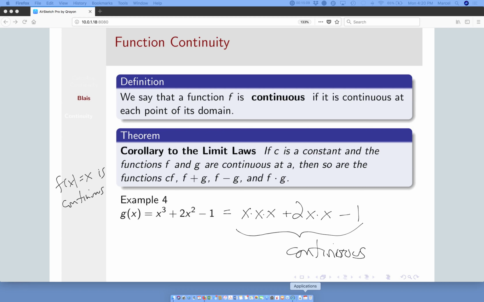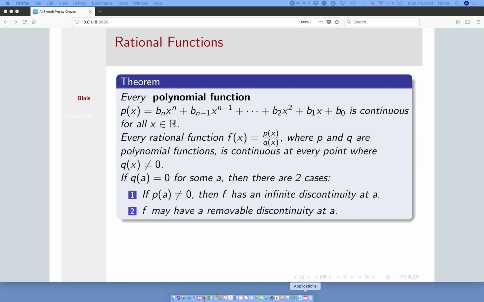So a generalization of this idea, that this specific polynomial is continuous, is that every polynomial function is continuous. So what's written here, this p of x, is just a general way of writing a polynomial.